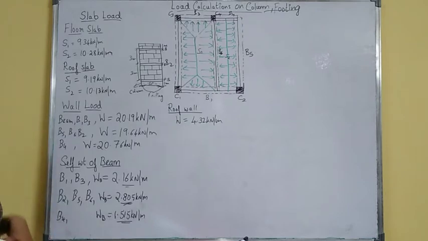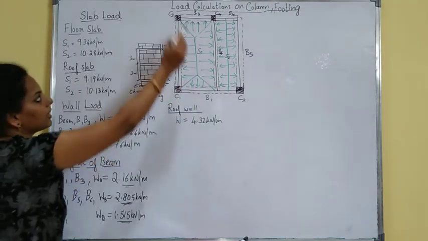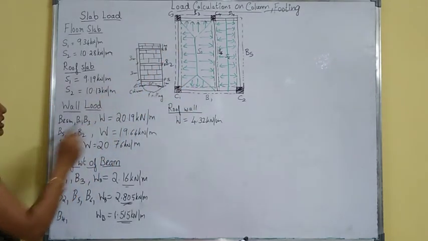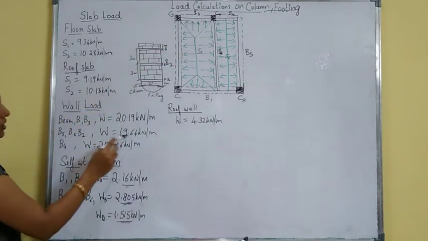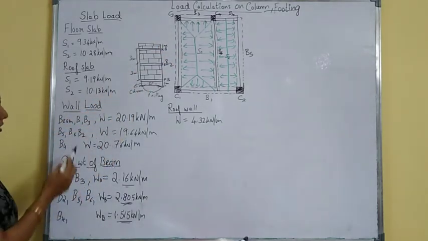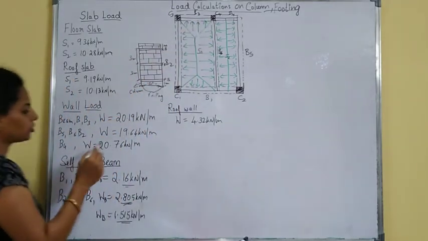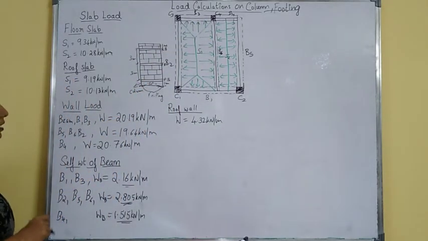Similarly, the wall load for beams B1 and B3 is 20.19 kilonewton per meter, for the other beams you have 19.64 kilonewton per meter, and for this small beam B4 you have 20.76 kilonewton per meter.